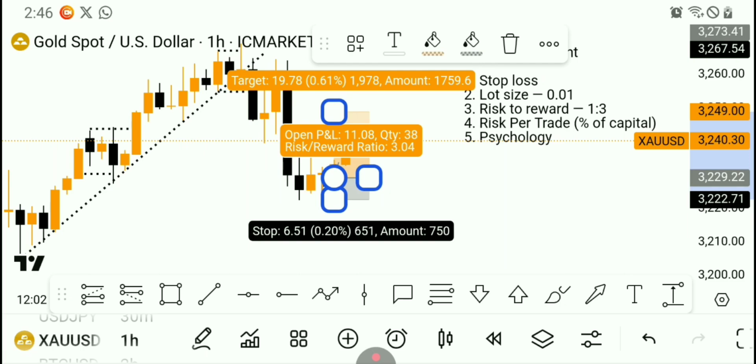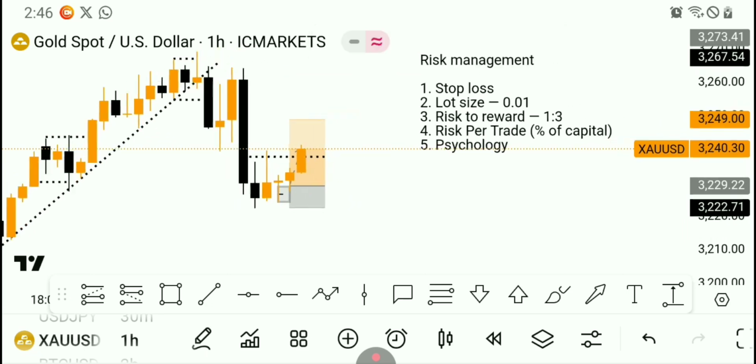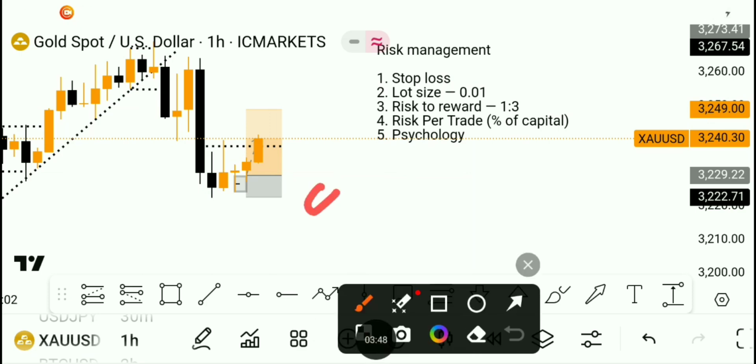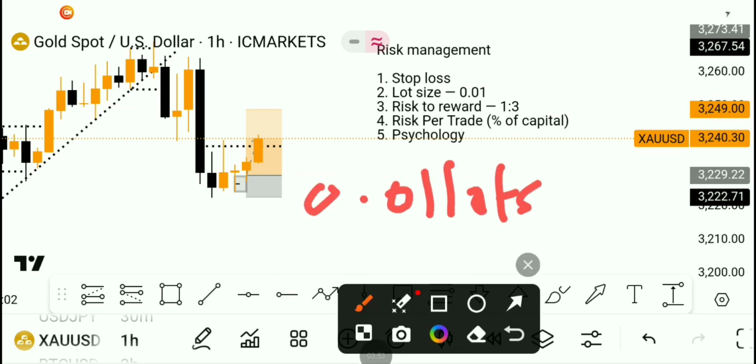Now let me explain lot size. Let's say I am using 0.01 lots, and my stop loss was 65.1 pips, right?